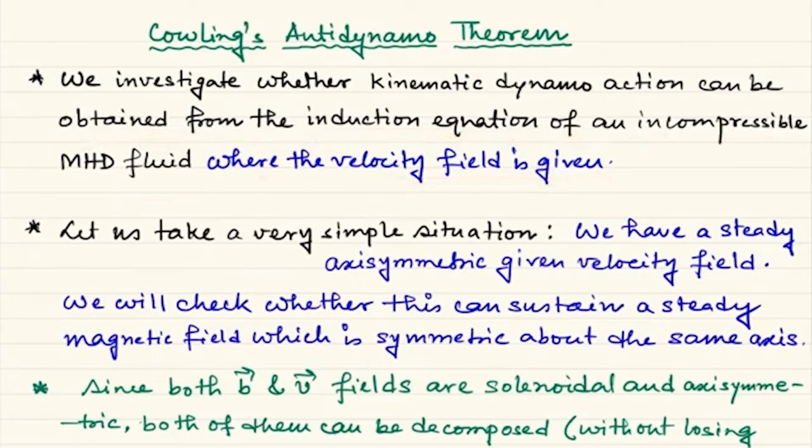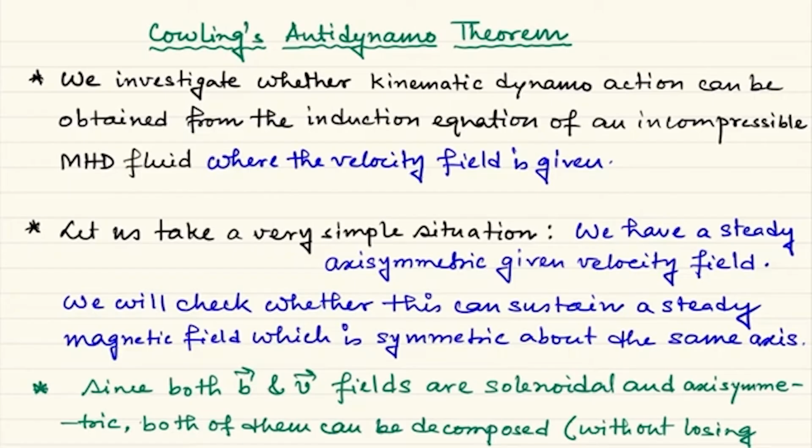Once again, for recapitulation, kinematic dynamo means that we try to solve the induction equation with the velocity given; the evolution equation is just a linear equation in B, and the magnetic field does not give any feedback to the velocity field through the Lorentz force.